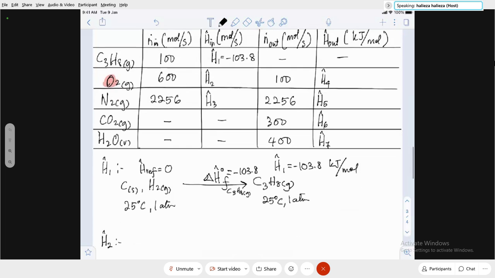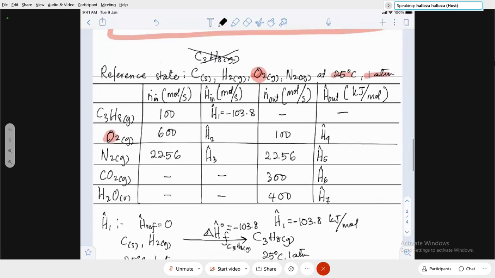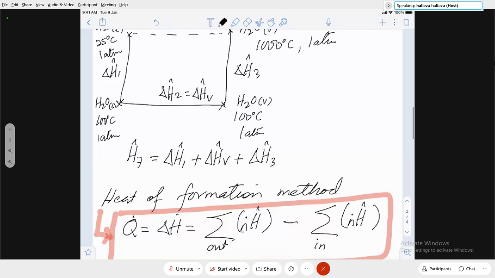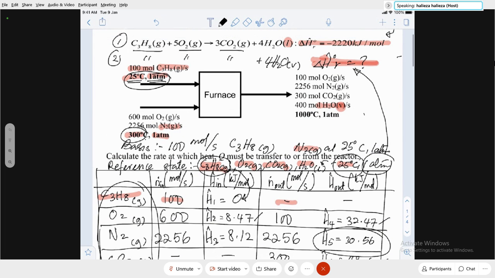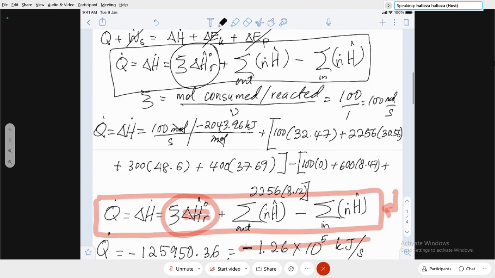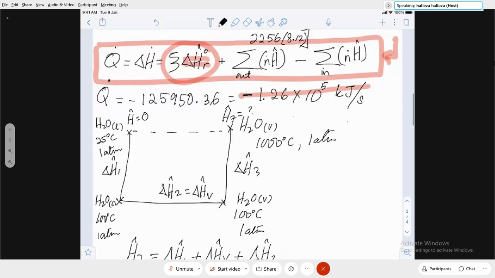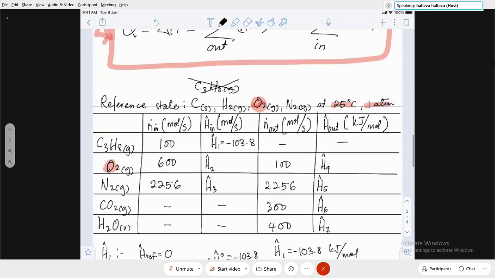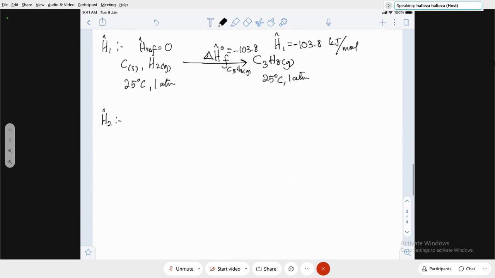So now, what temperature is oxygen at? We need to get the temperature. The temperature is 300, so this is 300 degrees C and 1 atm. Both oxygen and nitrogen are at 300 degrees C and 1 atm. So we're going to go from our reference state of 25 degrees C to 300.